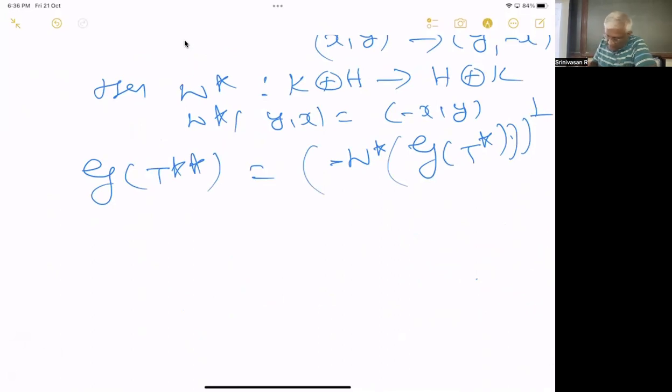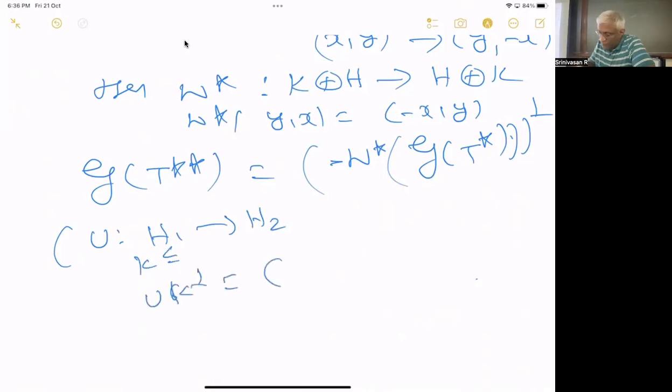You can verify that if you have a unitary U defined from one Hilbert space H1 to H2, and a subset K is contained in some closed subspace, then U of K perp is equal to U of K perp. A unitary satisfies this condition because it preserves the inner product; you write down the definition of perp and it follows.